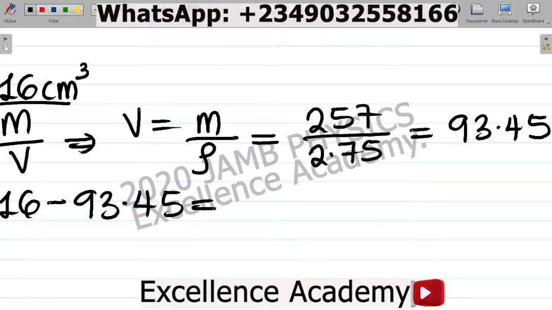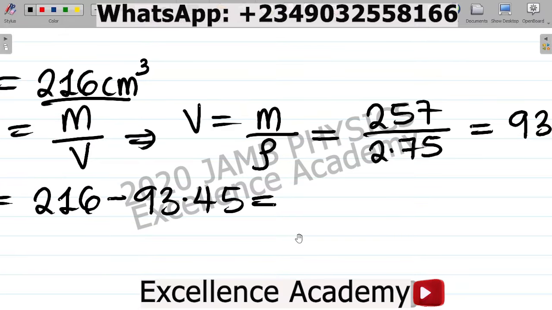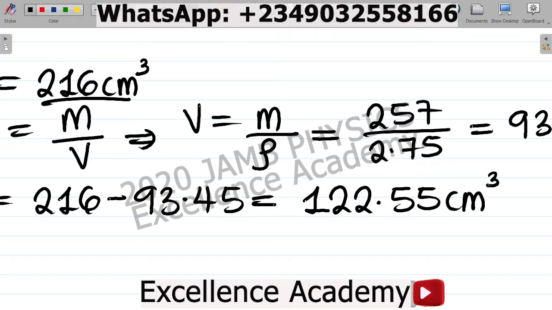Let's subtract this: 216 minus 93.45 gives you 122.55 approximately, that's cm cube. So that's your answer.